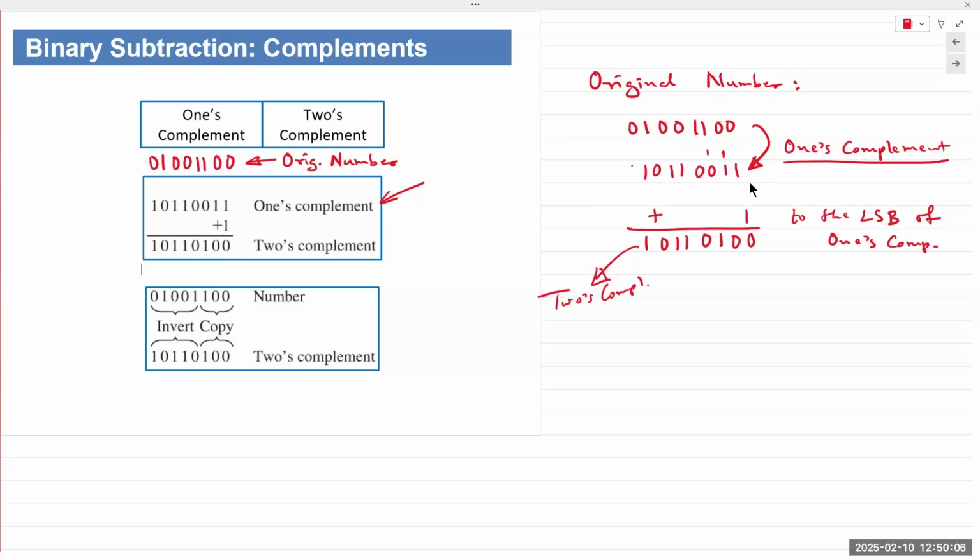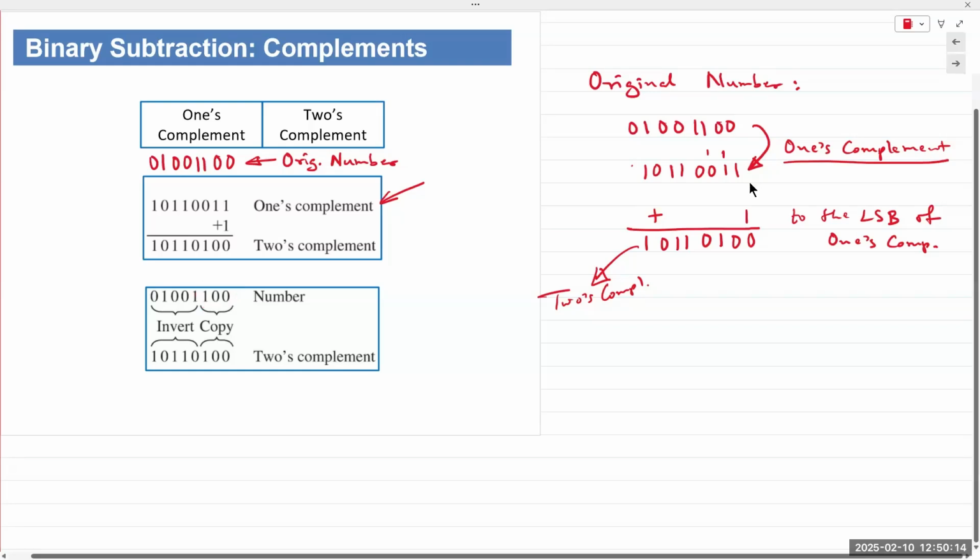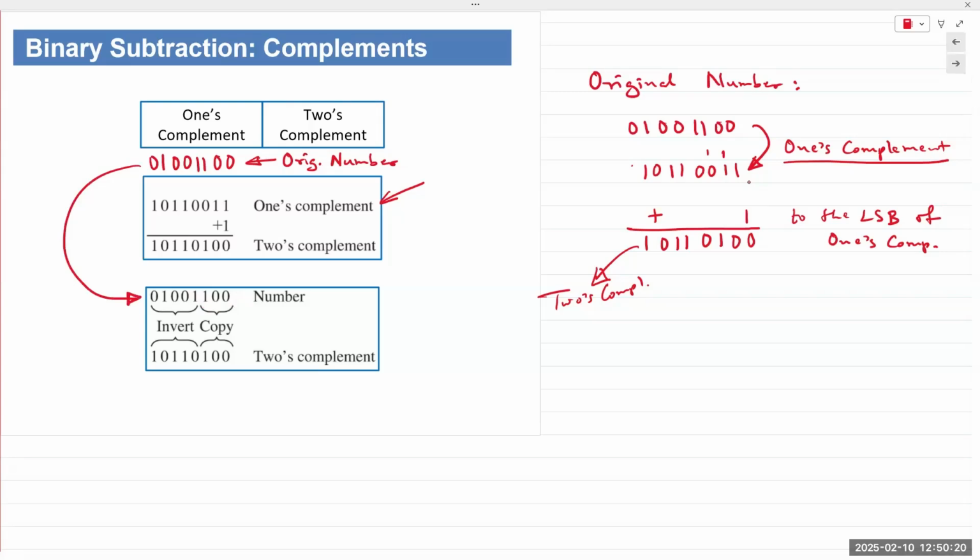Another way of directly writing the twos complement is, you take the original number and you copy the number beginning from the least significant bit.